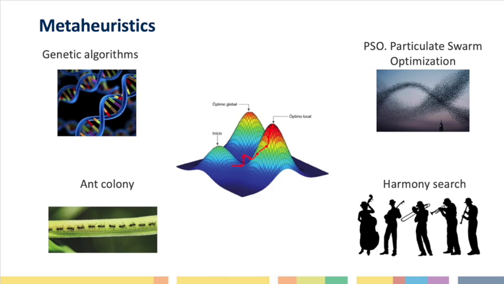Among them, we have genetic algorithms, which try and find solutions based on certain operations like crosses, mutations, and replacements to find the solutions that have the most potential. Another method that's very well known is particle swarm optimization, which uses the behavior of animals that work in hives to look for food, and they interact among each other.